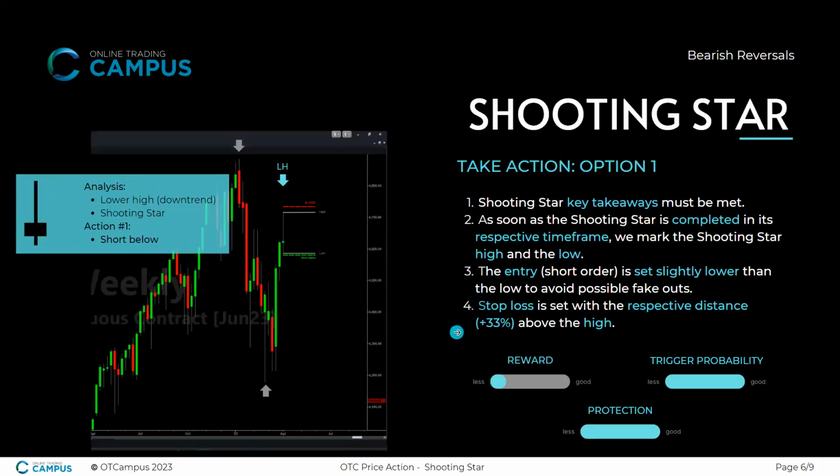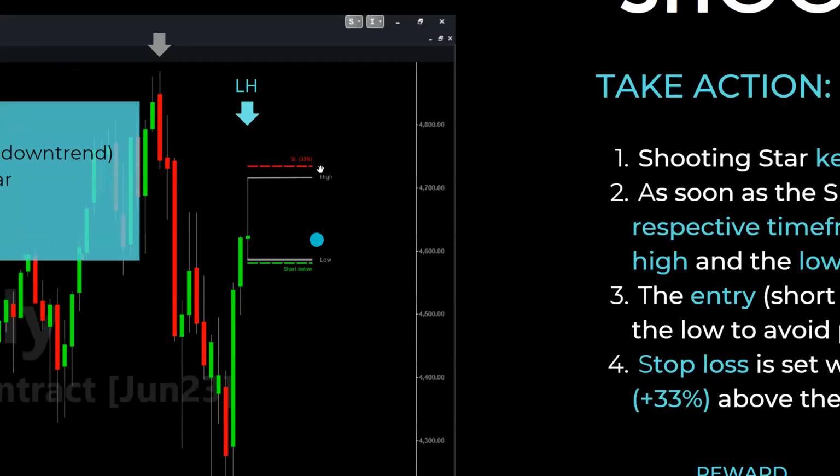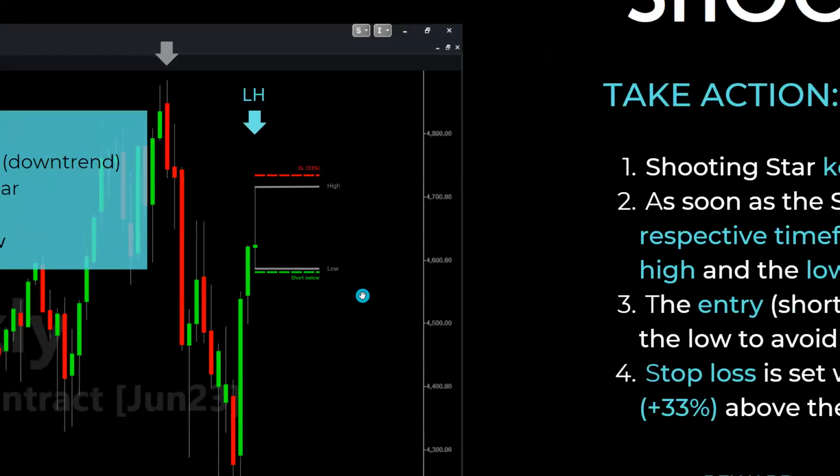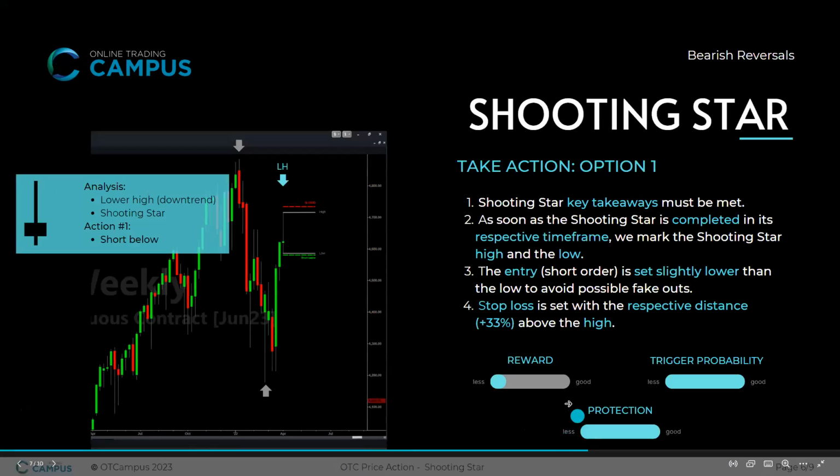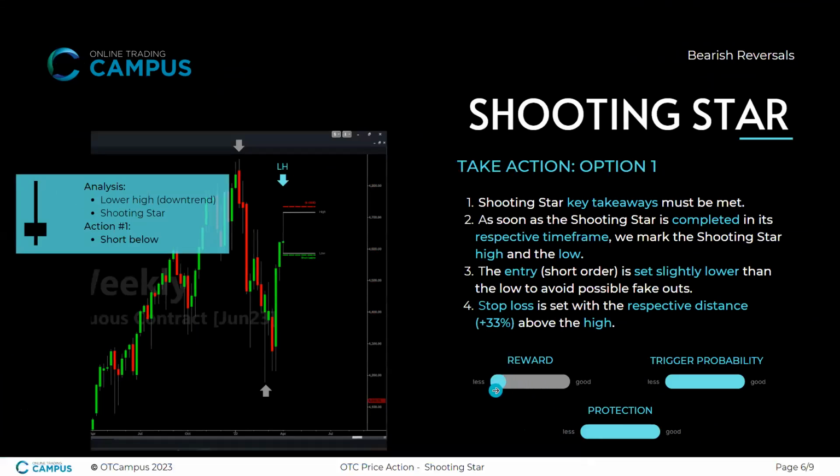The stop loss is set with a respective distance, for example plus 33% above the high. Reward is more or less, guys, you remember from the last sessions. Sometimes it's great because you have a super small time frame, a super small shooting star.